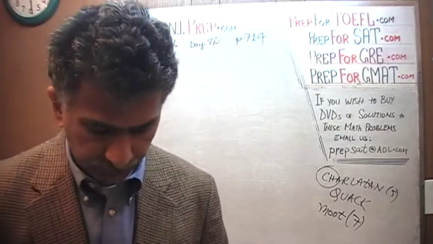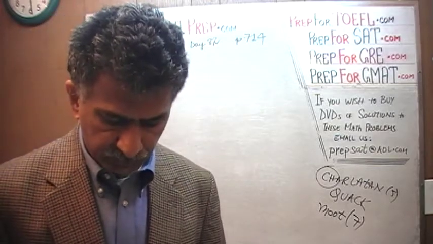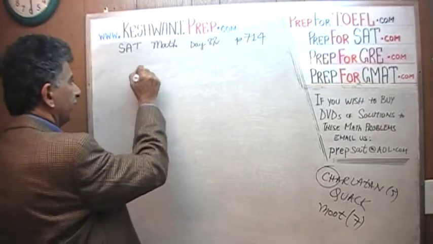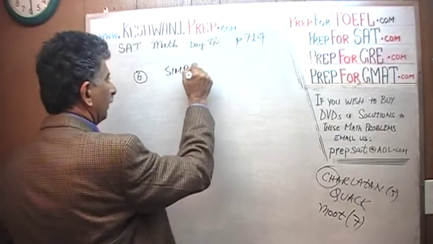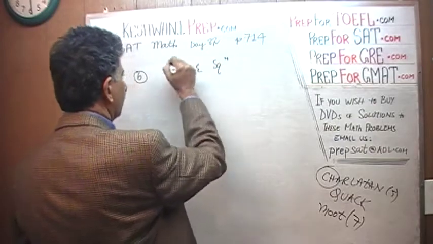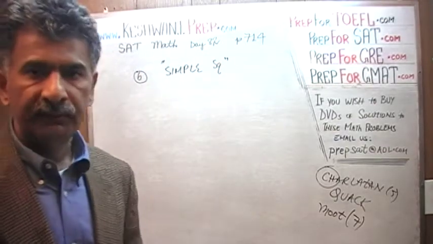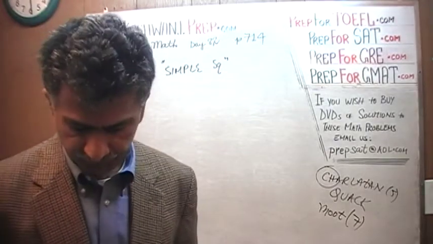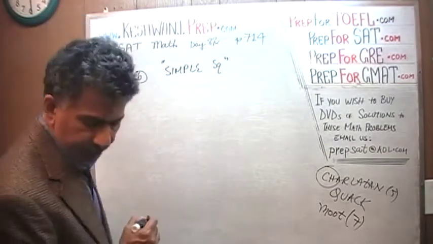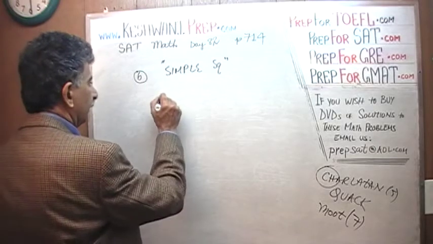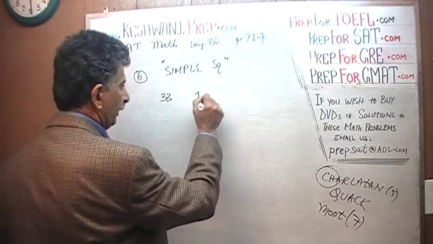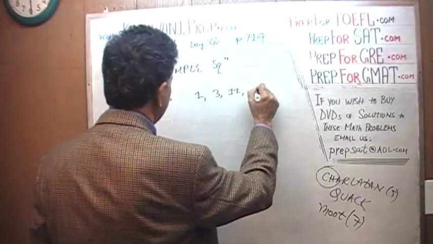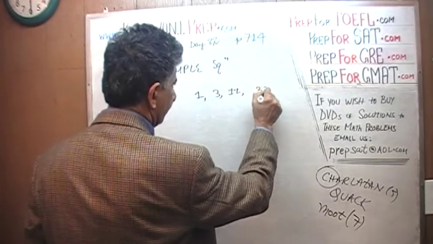Yesterday we were talking about simple squares. If you turn to the previous page, you will see problem number 6 there. In problem number 6, we were discussing numbers that are called simple squares. We had several different answer choices there. For example, we were looking at 33. The factors of 33 are 1, 3, 11, and 33, of course.